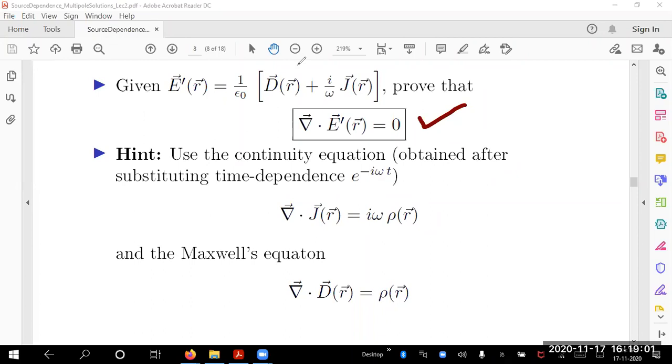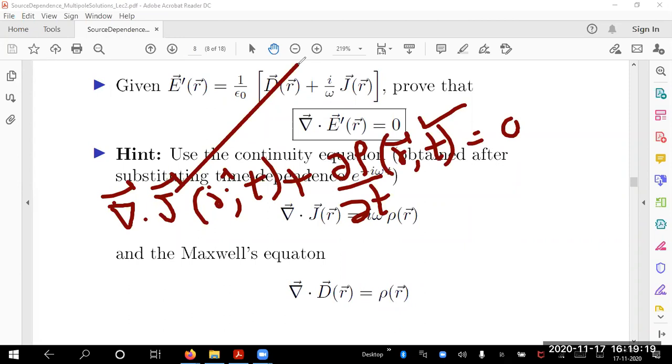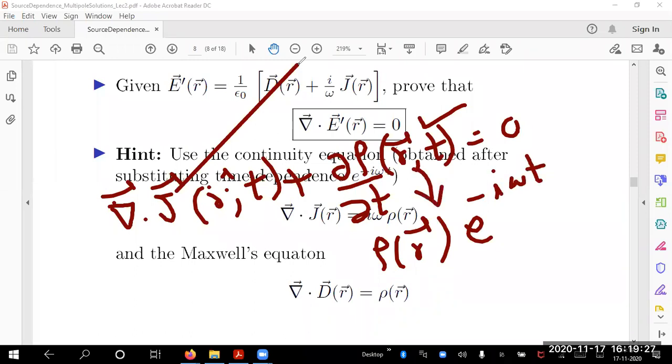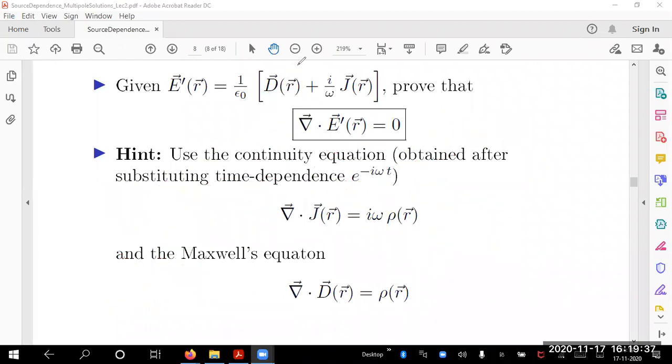What is the continuity equation? For any electromagnetic source and charge, I have divergence of J of R comma T plus dou rho by dou T of R comma T equals 0. But for a fixed energy, rho of R comma T is rho of R e to the minus I omega T, and J is also J of R e to the minus I omega T. Now you have to substitute it, and what do you get?